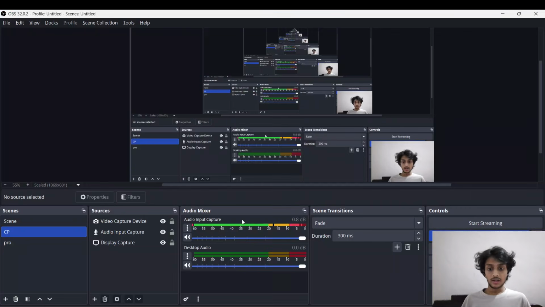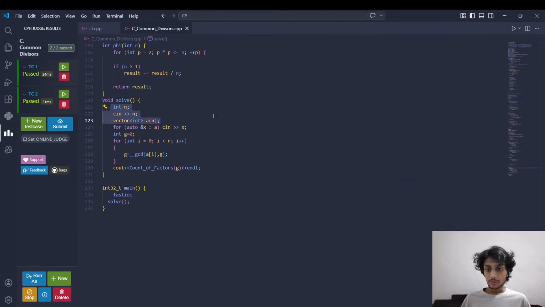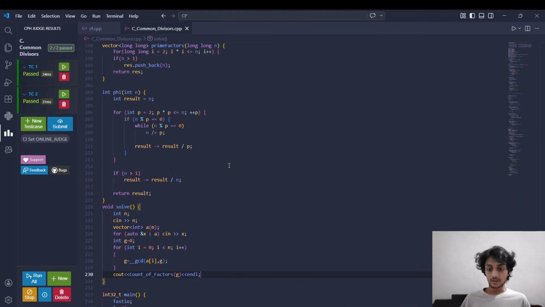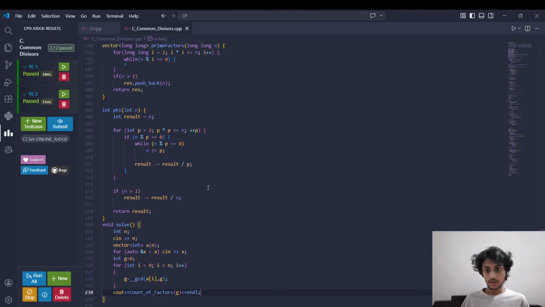So what I did is the same thing. I took input, and I calculated the overall g of the array. Then I call a function called count of factors, which counts the factors of g, or factors of any number.